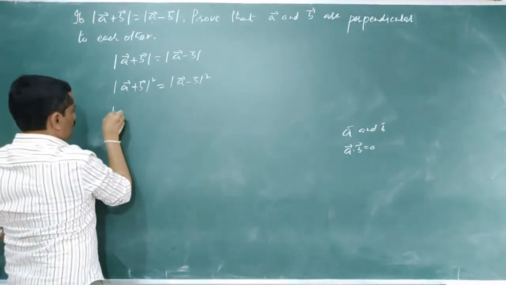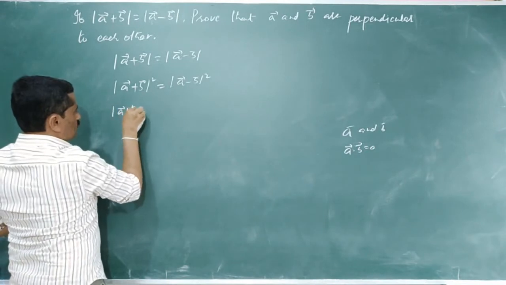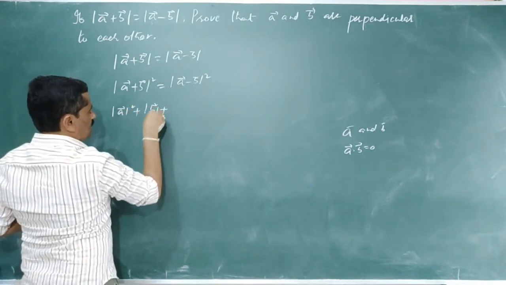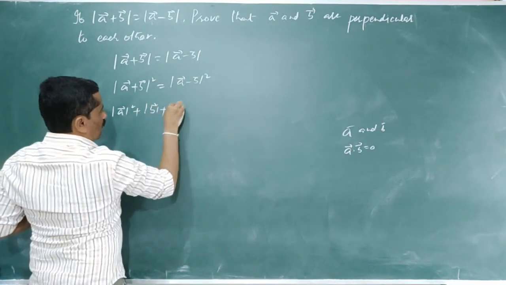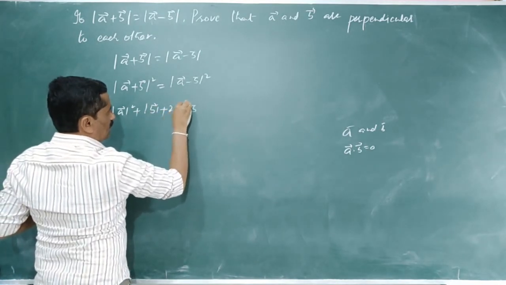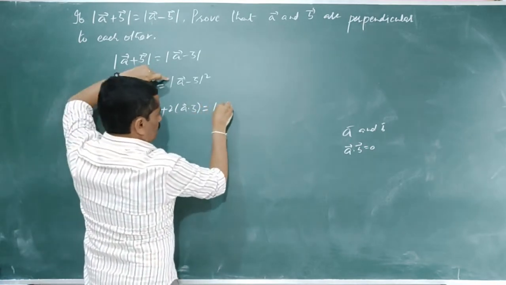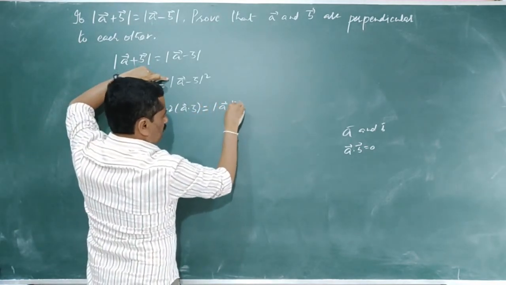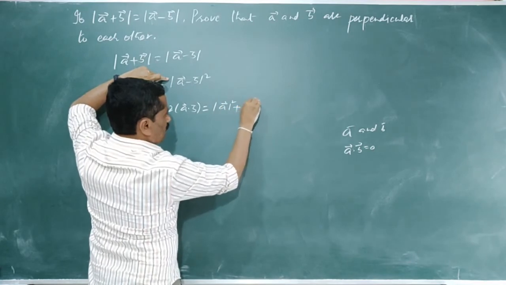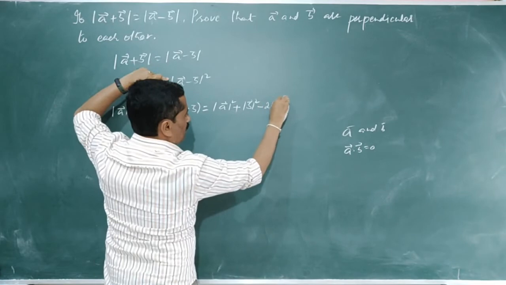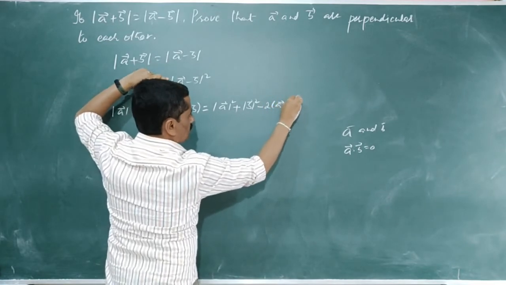So we have magnitude of a bar whole square plus magnitude of b bar whole square plus 2 of a bar dot b bar is equal to magnitude of a bar whole square plus magnitude of b bar whole square minus 2 of a bar dot b bar.